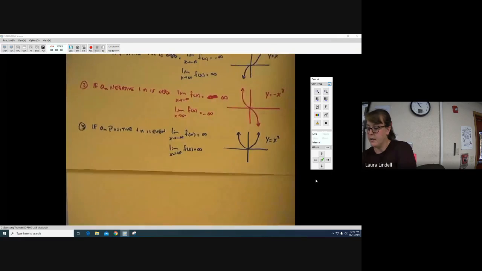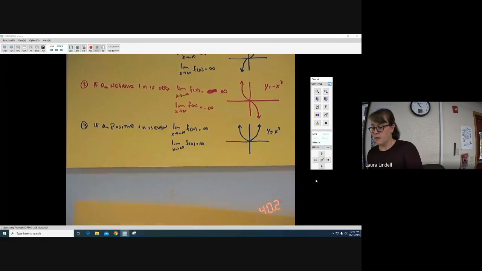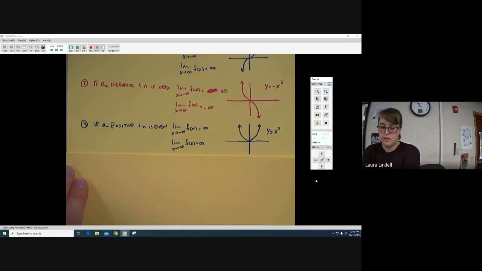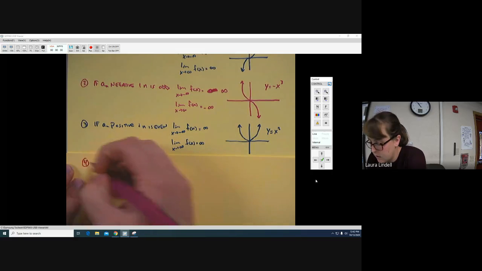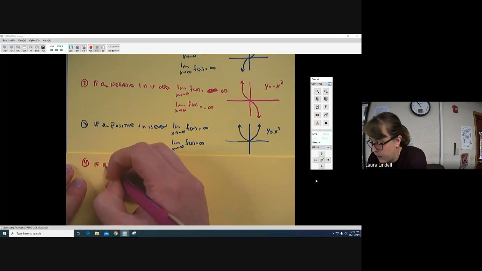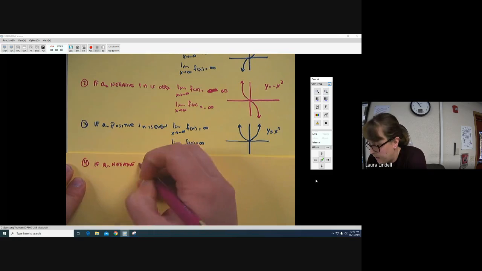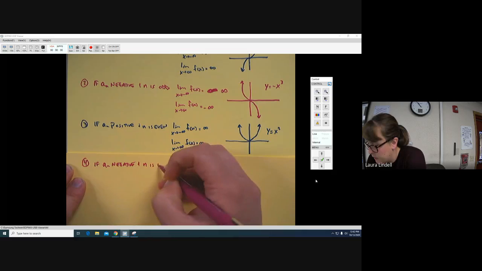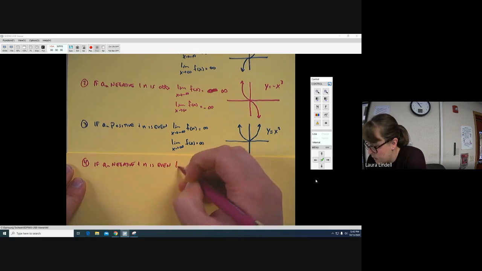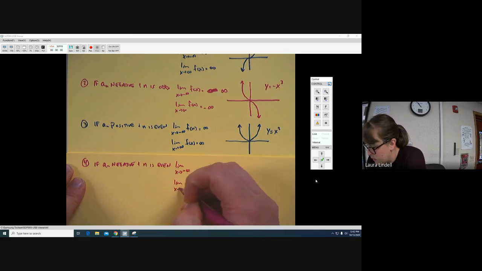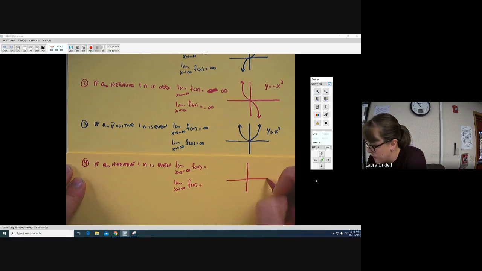And then the final case, if a sub n is negative and n is even, this might be the case of y equals negative x squared.